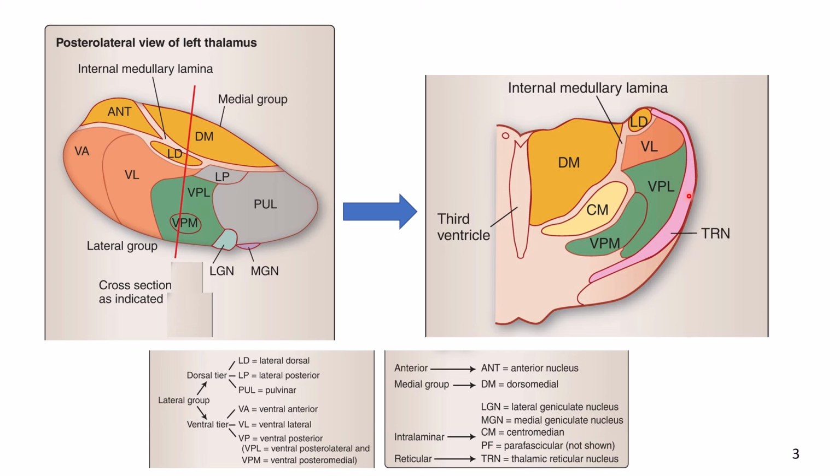There is also another group of nuclei located most superficially, called the thalamic reticular nucleus. One on each side, and they have an extensive connection with the cortex of the brain.